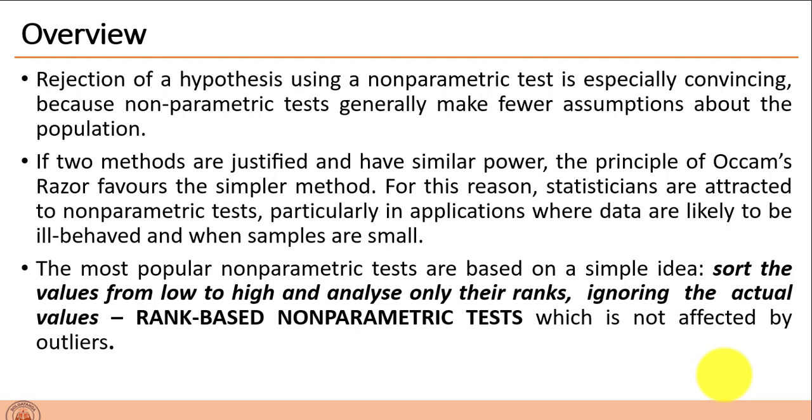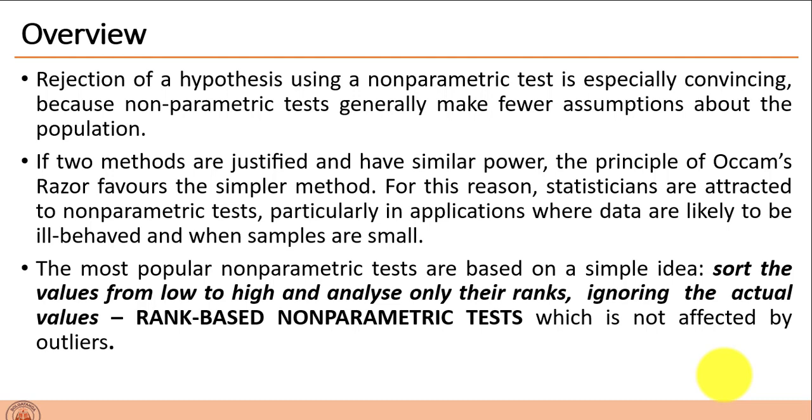All of them will give me the same result, and one of them is going to task me so much more than the other. So definitely I'll go for the simpler one. So for this reason, statisticians are often attracted to non-parametric statistics, particularly in applications where data are likely to be ill-behaved and when samples are small. Ill-behaved here means when the conditions are not favorable to the statistical test that we want to use.